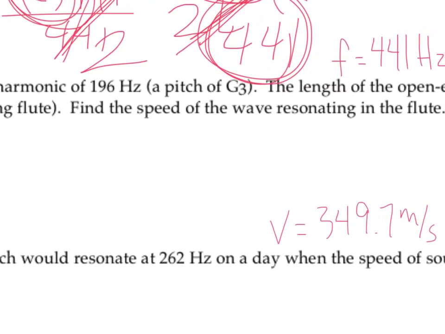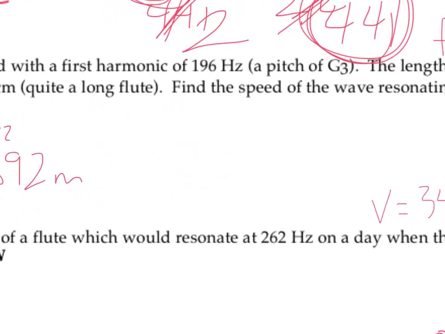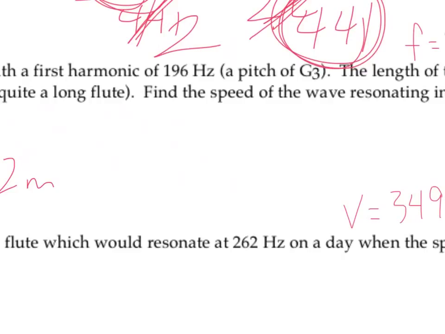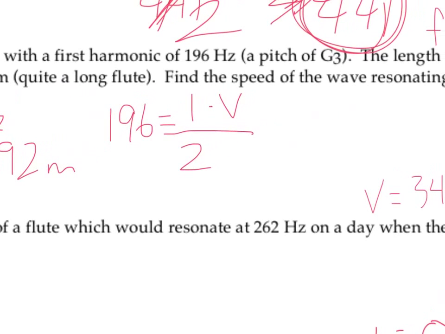And we're asked to figure out the speed of the wave, the velocity. So if we go back to our equation, frequency 196 equals n, which is 1 for the first harmonic, times v, which is the variable we're solving for, divided by 2 times the length of our flute, 0.892 meters.